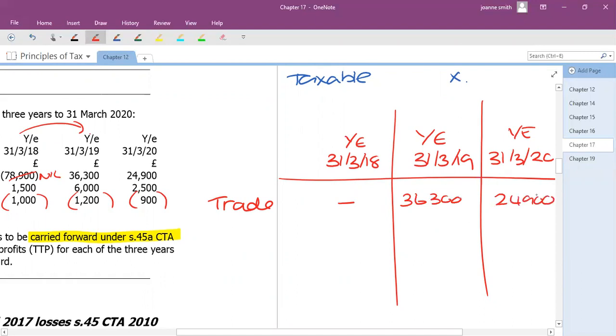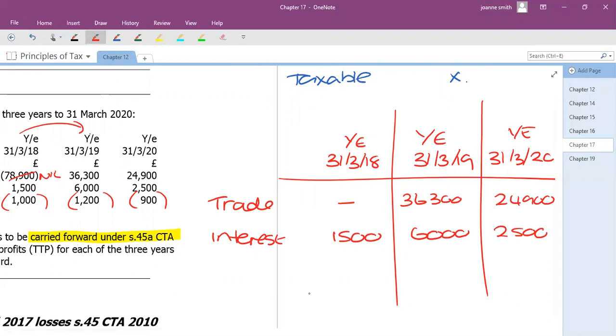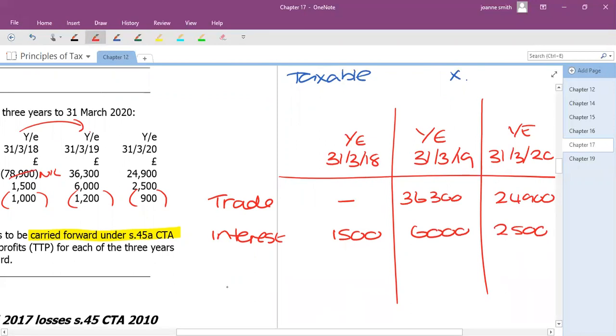Okay, and then in addition to that, we've got some interest. And we've also got the Gift Aid. So we're going to call that QCD, which is a payment.